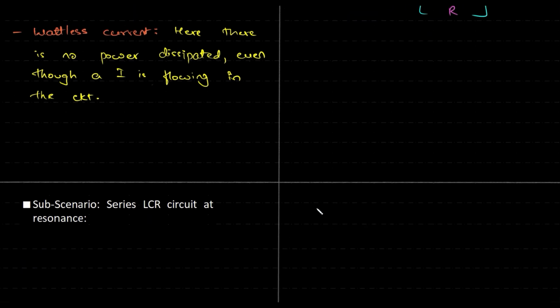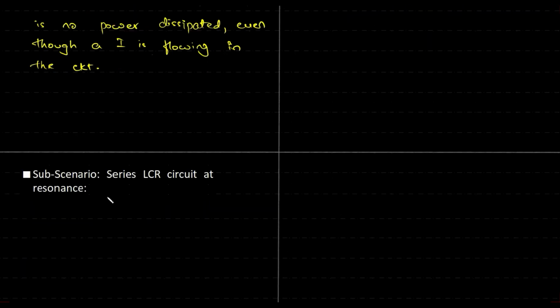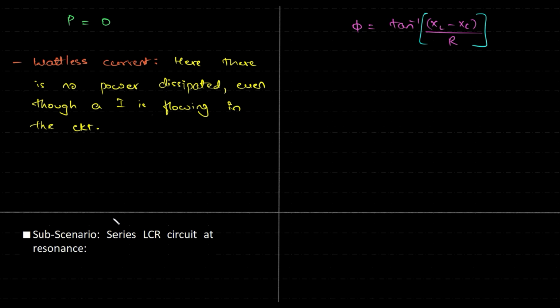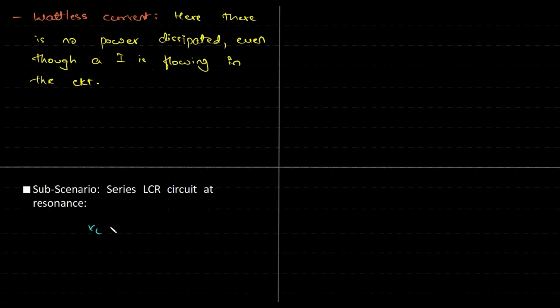Okay, yes. And specific to that, at resonance, what happens? Phi will be equal to 0, that we have already seen. XL will be equal to XC. So when we resonate this, XL equals XC, phi equals 0, and the power is going to be maximum.